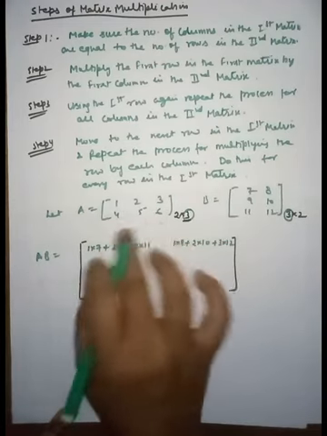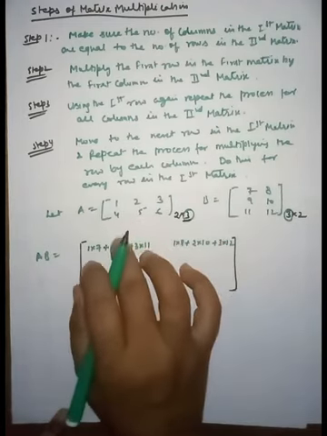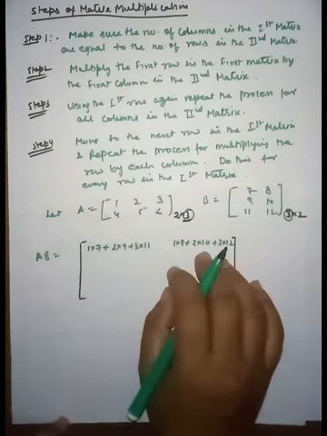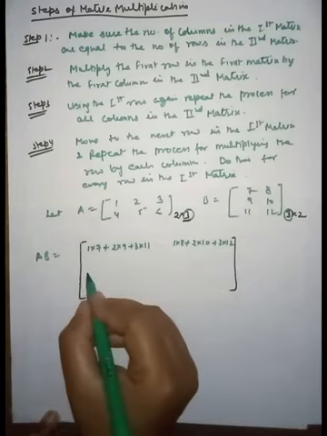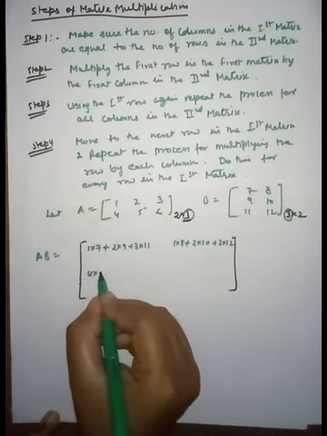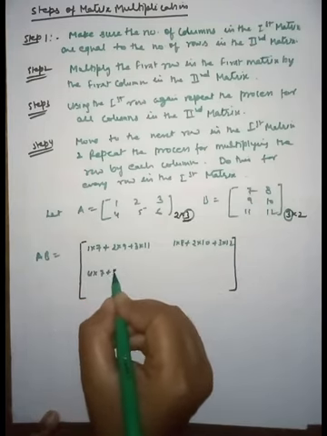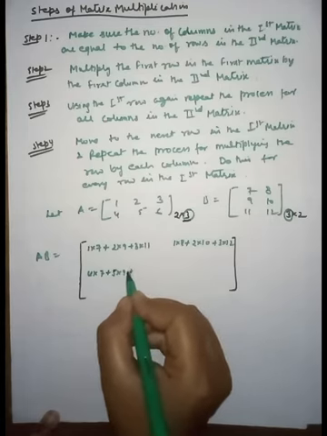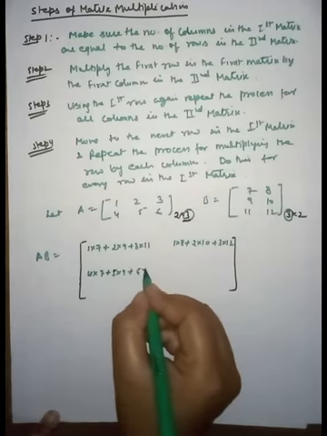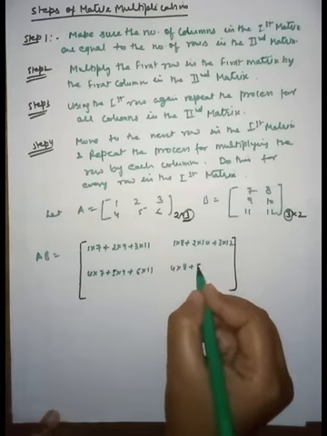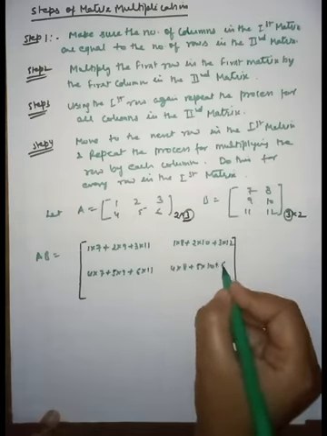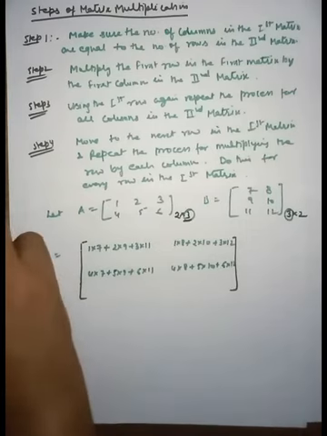Suppose here there are 2 rows, if there are 3 rows or 4 rows, you do this process for every row, right? Now solve it. 4 into 7 plus 5 into 9 plus 6 into 11. 4 into 8 plus 5 into 10 plus 6 into 12, right?